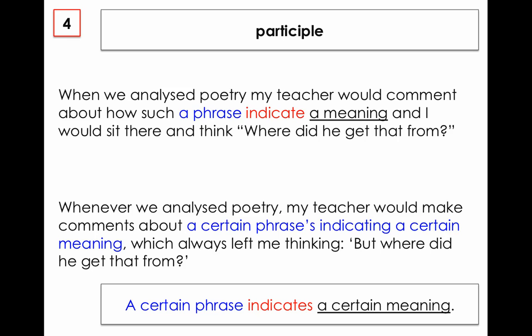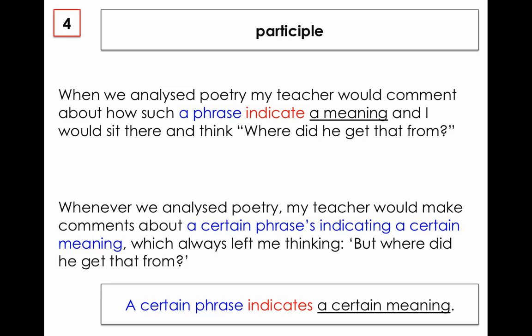Now, look, instead of indicate, I've got indicating, and I've got a certain phrases indicating a certain meaning. Now, we talked about that a little bit in class, and maybe it sounds a bit strange, a certain phrases, you can see the S and the apostrophe here. We've got the apostrophe S because what comes after it, indicating a certain meaning, is all part of one long noun phrase. If you listen to this version of the sentence, here we go.